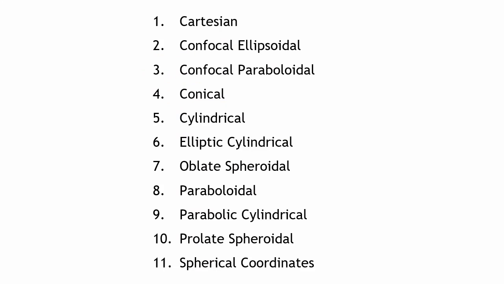Now, I could actually just go on and explain all the 11 coordinate systems, but the video will probably take way too long. So rather than explaining all of these 11 coordinate systems and bore you guys out at home, I'm only going to explain the 3 most commonly used coordinate systems out of these 11. So for anyone who wants an explanation on the other 8 coordinate systems, well, I'm really sorry.